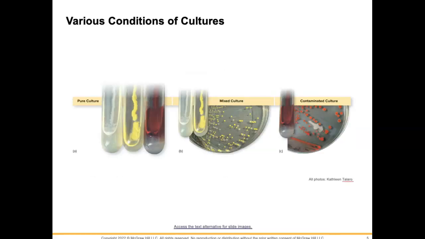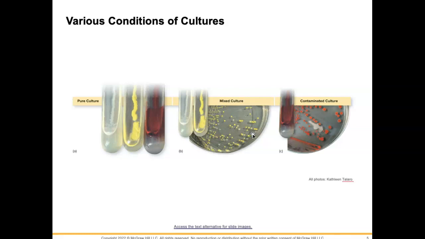So these are examples of a couple of different things. There are pure cultures, mixed cultures, and contaminated cultures. A pure culture is a single type of microbe growing in whatever media we put it in. And these are illustrations of that. And then this is a mixed culture, where we take 2 separate pure cultures and apply them to a plate.